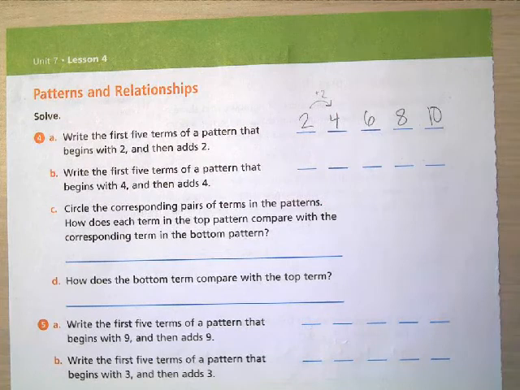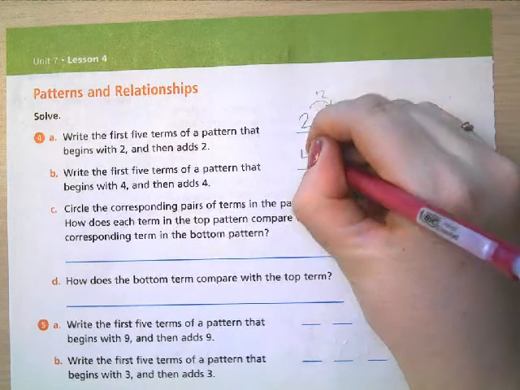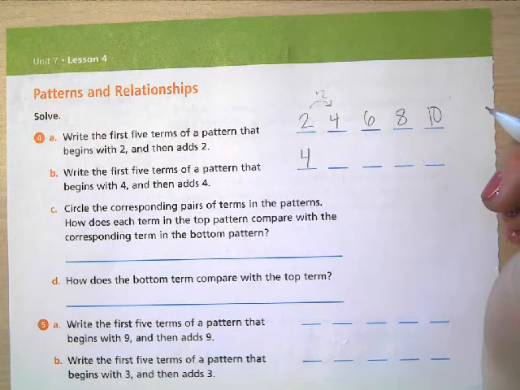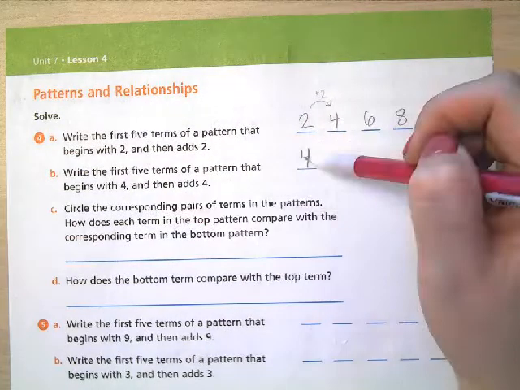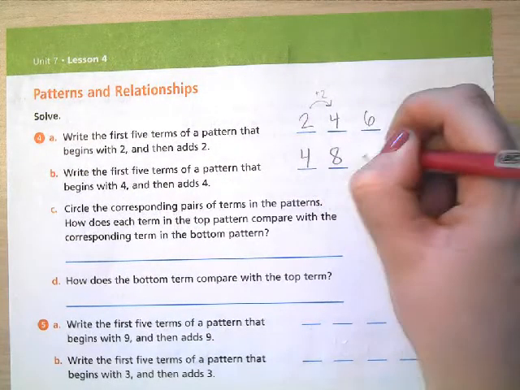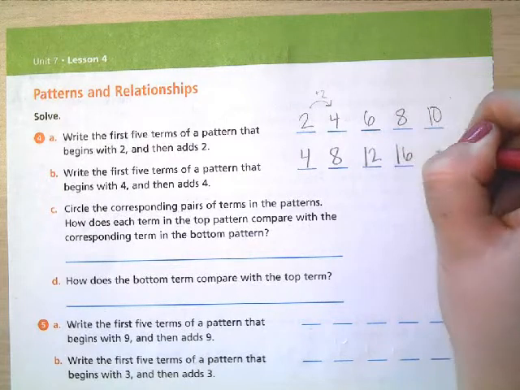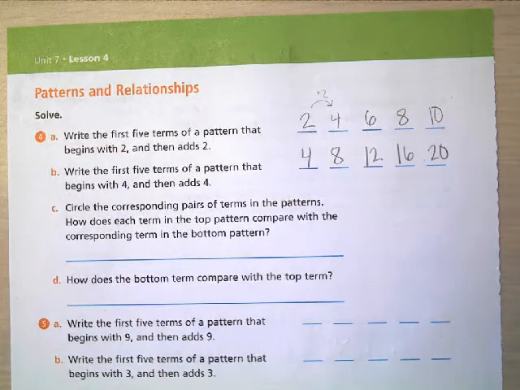You're going to catch on to this pretty quickly. Okay, write the first 5 terms of a pattern on letter B that begins with 4 and then adds 4. So you have to get the beginning number and then follow the rule. See if you can get it all the way to the end of that.